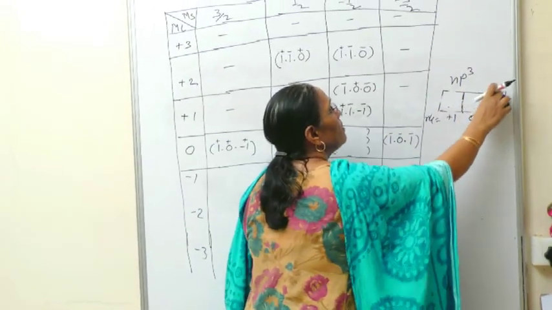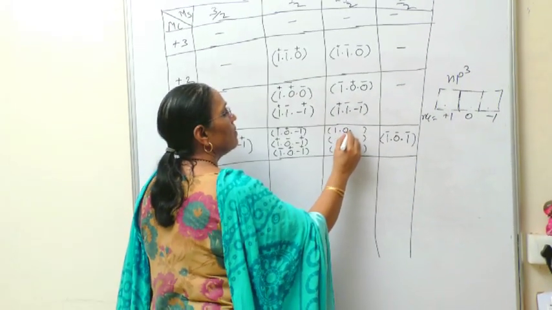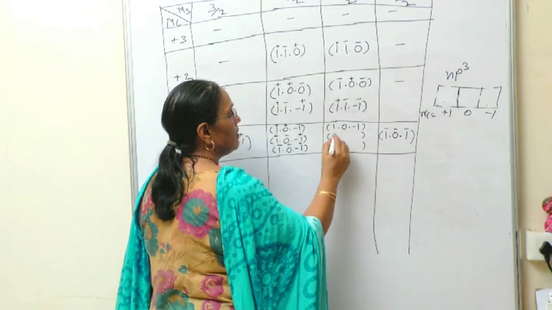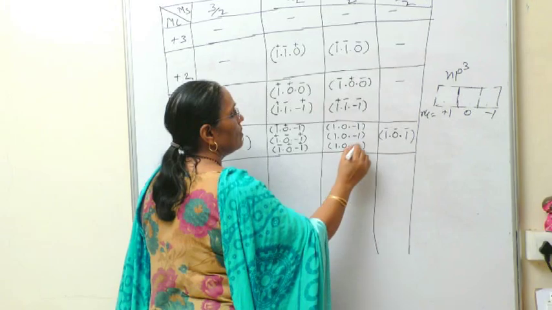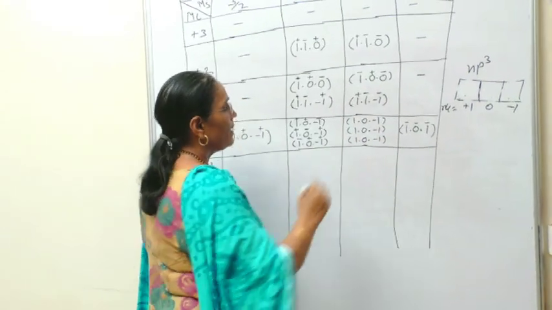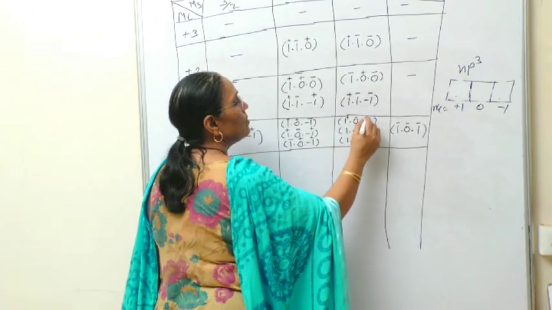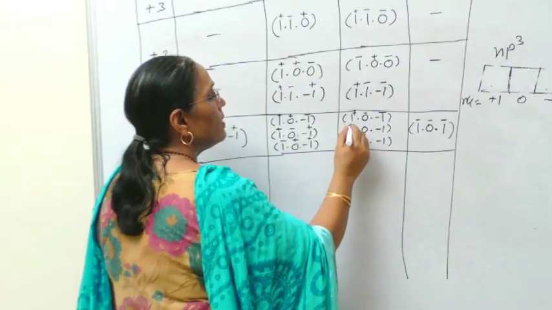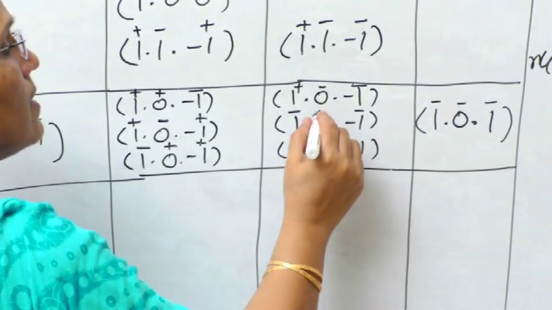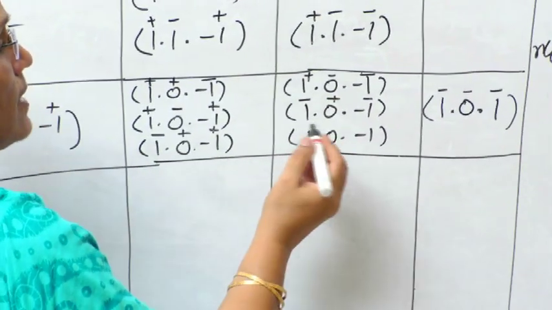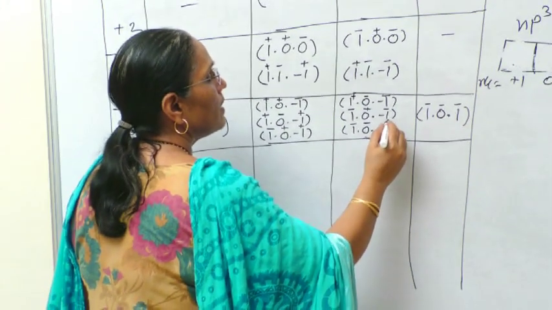So the possible arrangements are again the same orbital values 1, 0, minus 1, and the spins: first electron plus, next two minus; then first electron minus, third electron minus and this one plus; and first 2 minus and third one plus.